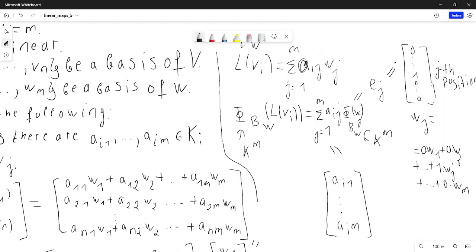That is the coordinates of that image of that basis vector, which will be neatly given in this K^m as this column vector, right? All right, that's nice.